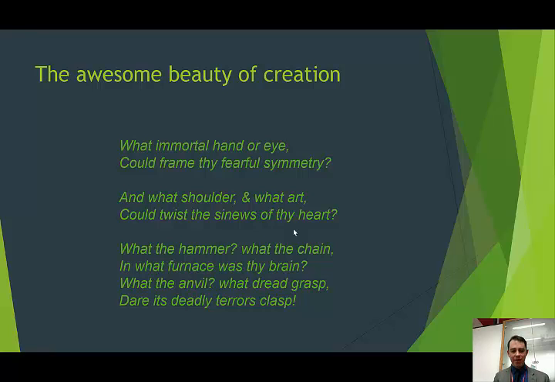Okay, lastly here, what the hammer, what the chain, in what furnace was thy brain? What the anvil, what dread grasp, dare its deadly terrors clasp? And there's this, again, this analogy or symbolism of a blacksmith working at his furnace, pounding away at the creation of a tiger.